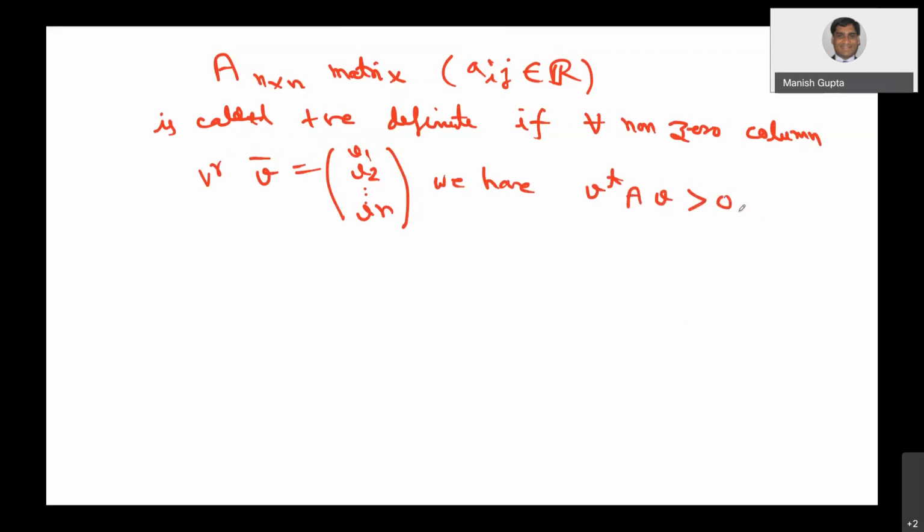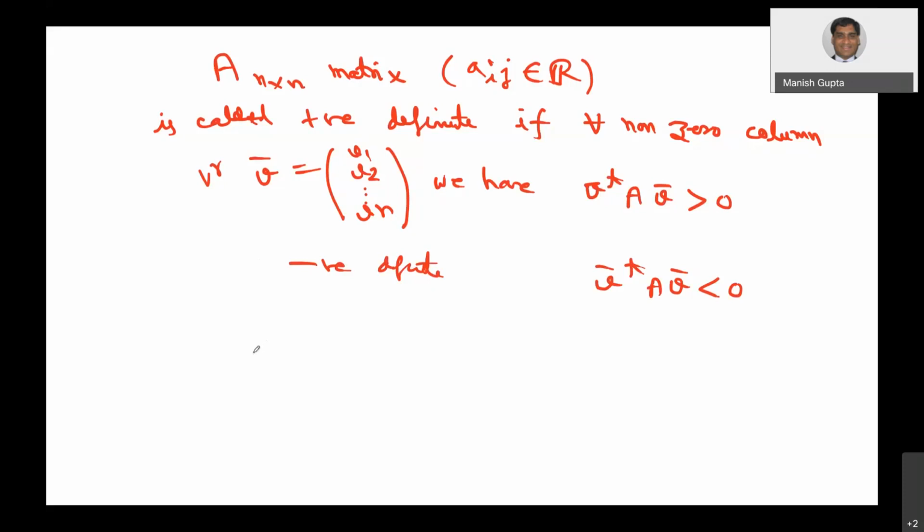So a matrix is said to be positive definite if v transpose AV is positive for every non-zero column v. Similarly, a matrix is said to be negative definite if for every non-zero column vector v, we have v transpose AV negative, then it is known as negative definite. Okay.